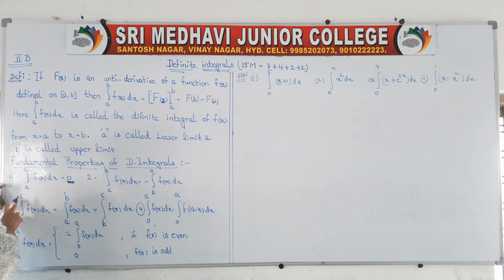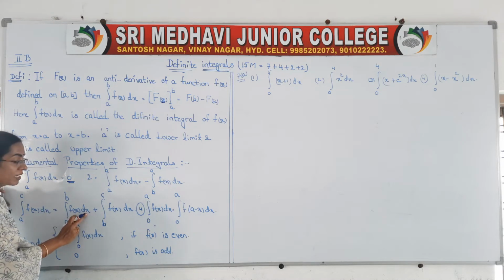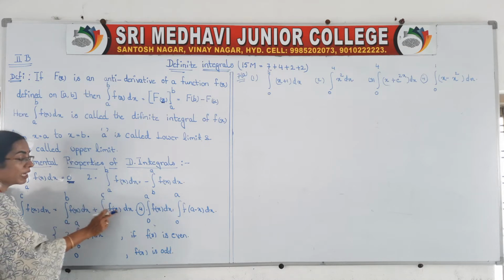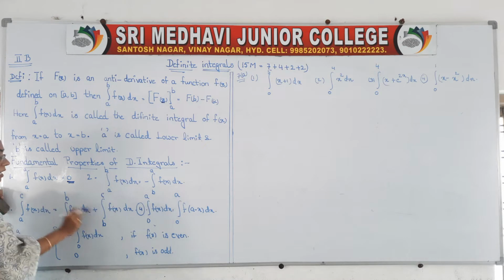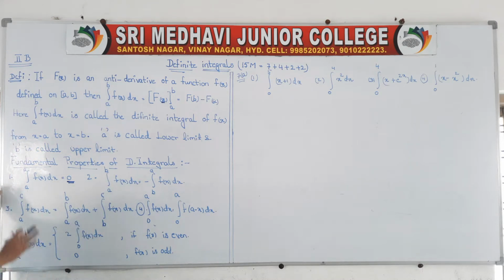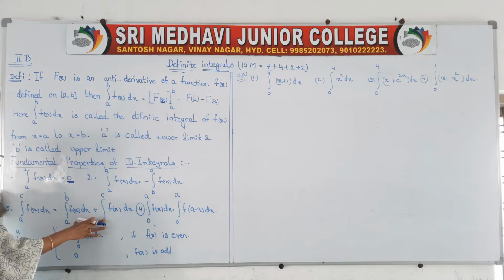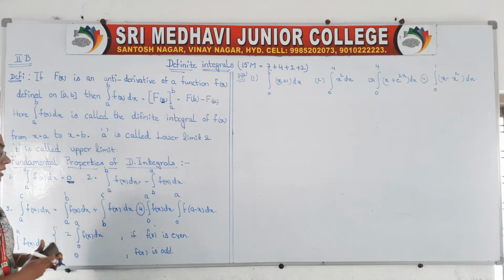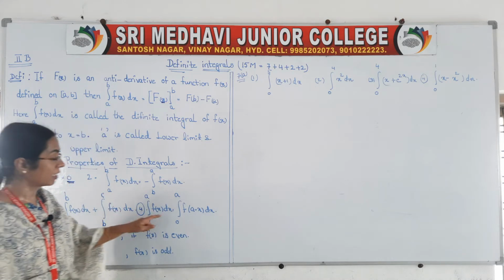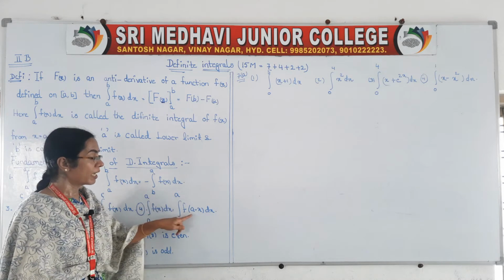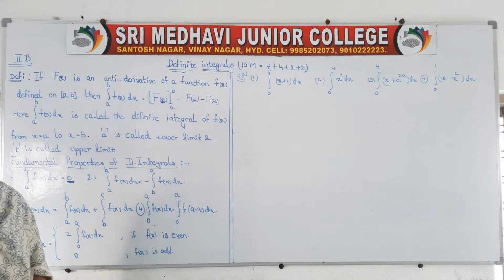Next, integral a to c f of x dx can be written as integral a to b f of x dx plus integral b to c f of x dx, right, where b lies in between a and c. Then we can split this integral into two parts. Next, integral 0 to a f of x dx can be taken as integral 0 to a f of a minus x dx.